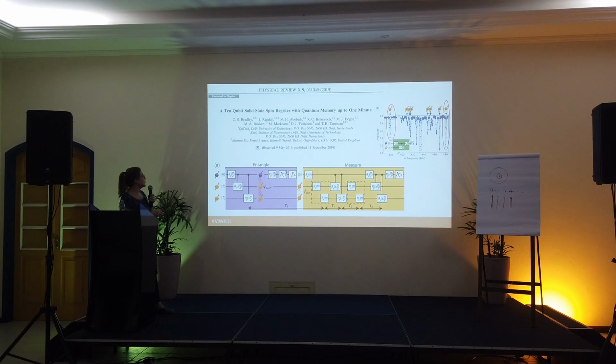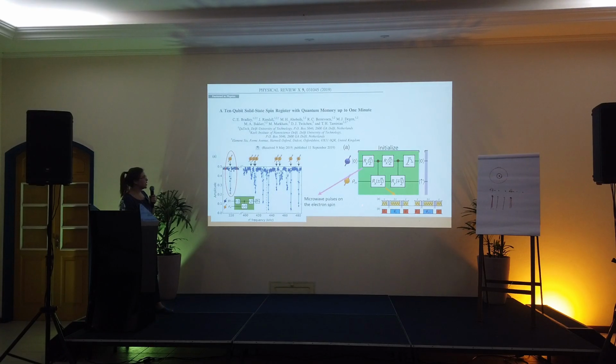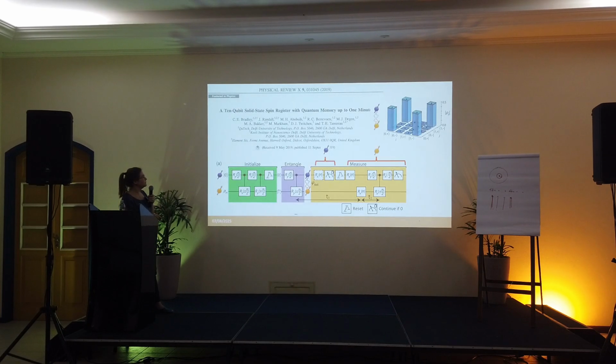So what they do is they expand this protocol very naturally, by now operating at different RF frequencies. So they can do this type of pulse sequence at the first RF frequency over here, and they can do at the same time this type of pulse sequence at a different RF frequency, and that means they're talking to qubit number 6 over here.